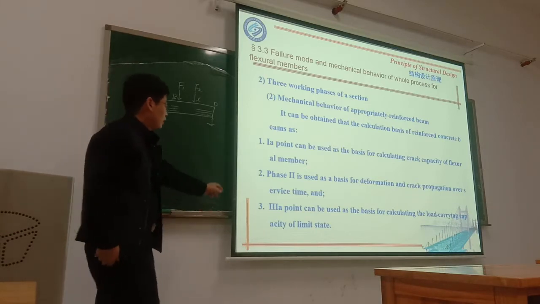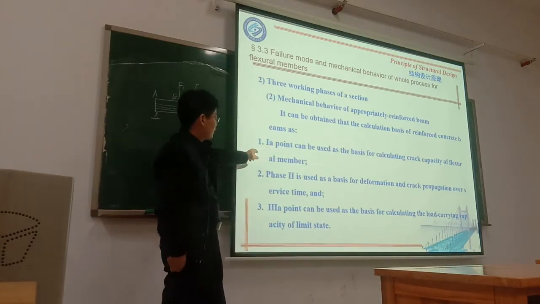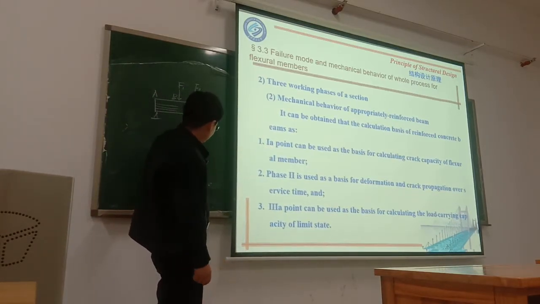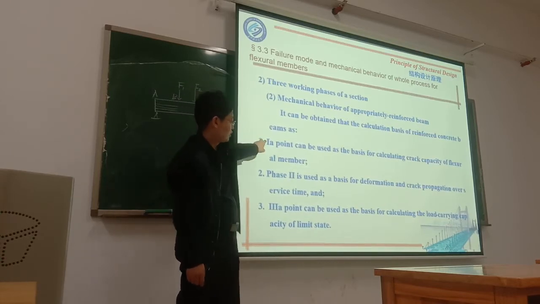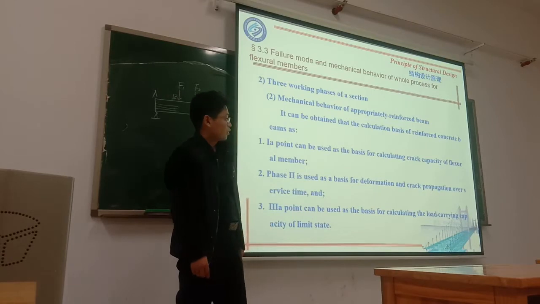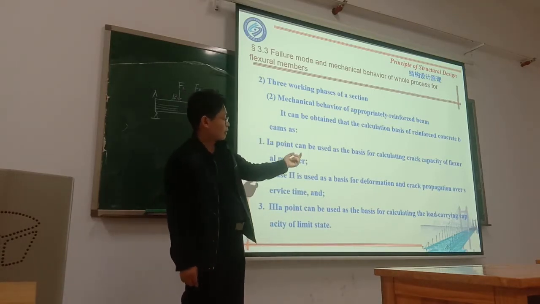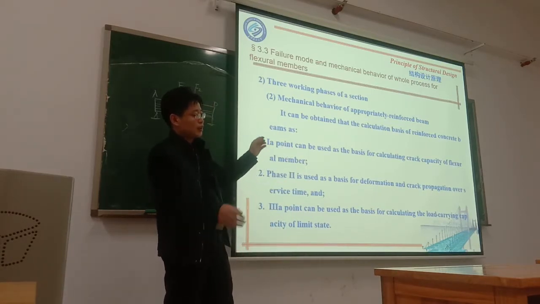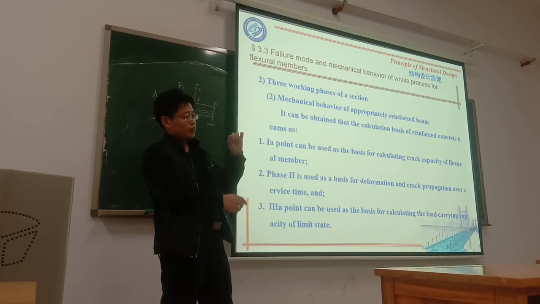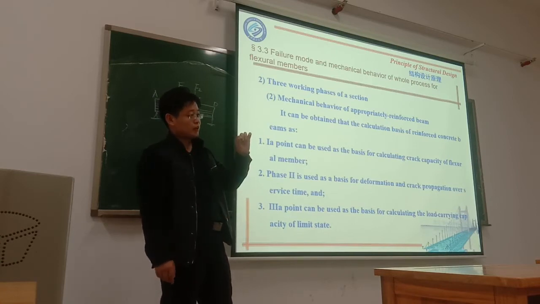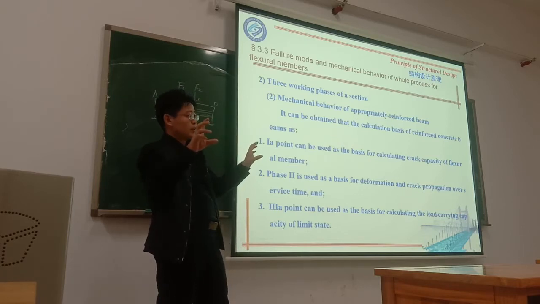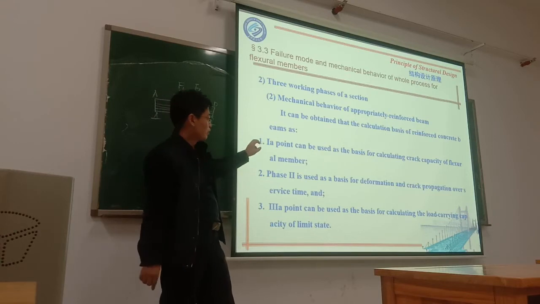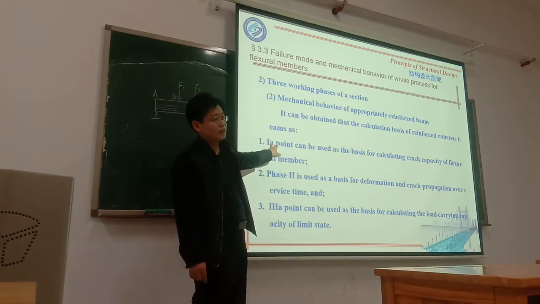So this point means the end of the first stage. We can use this point as the base for calculating the crack capacity. So that means when the crack is going to appear, if you want this beam working without the crack, then you can use this point to control it.